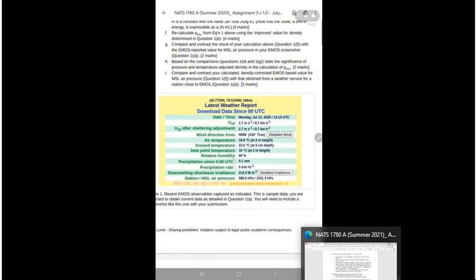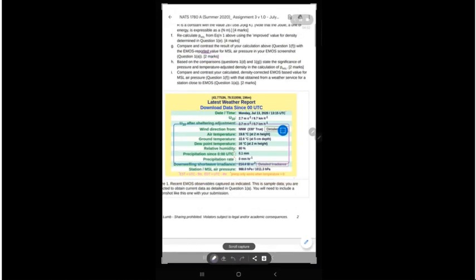So moving along to question G now. Question G asks you to compare and contrast the result of your calculation above, 1F, which is what we just did, with the EMOS reported value. And you need to report exactly what you find. As I mentioned before, STP is 20 degrees Celsius, 1013.25 hectopascals.